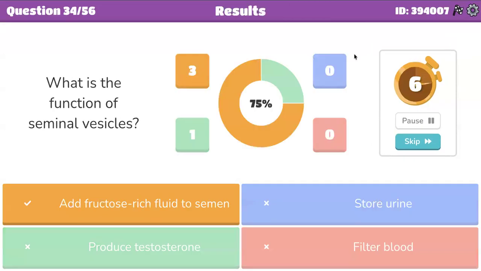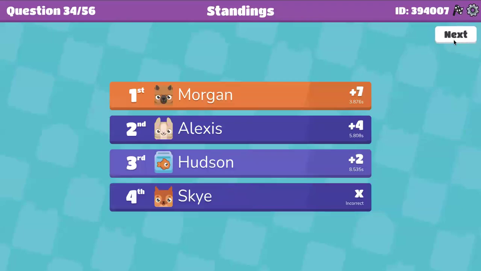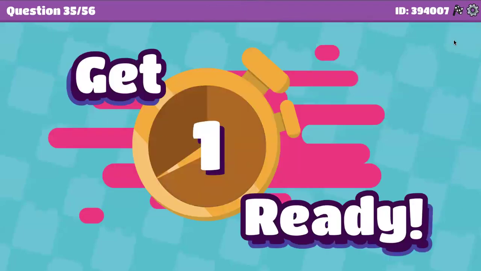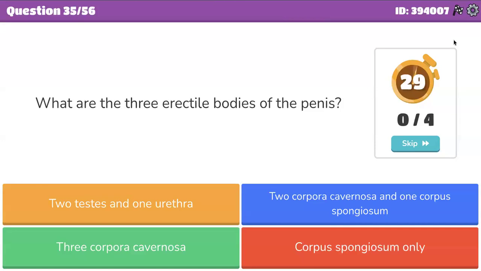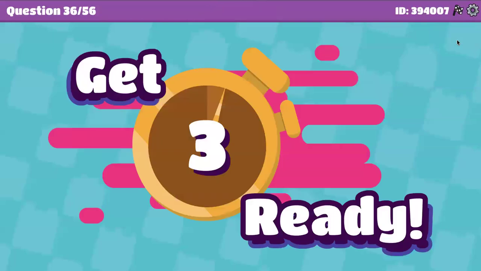It adds fructose-rich fluids to semen so that the sperm has food. What are the three erectile bodies of the penis? Two corpora cavernosa and one corpus spongiosum. And it kind of looks like a monkey face.